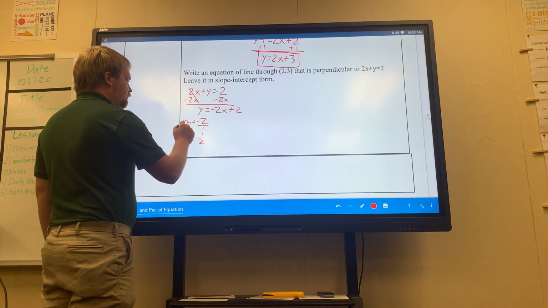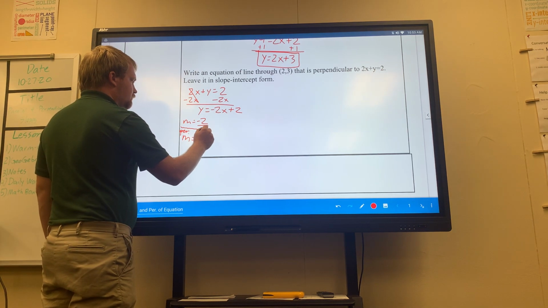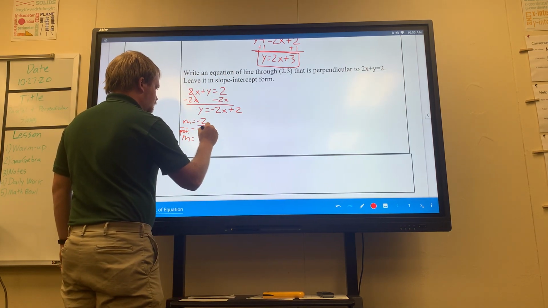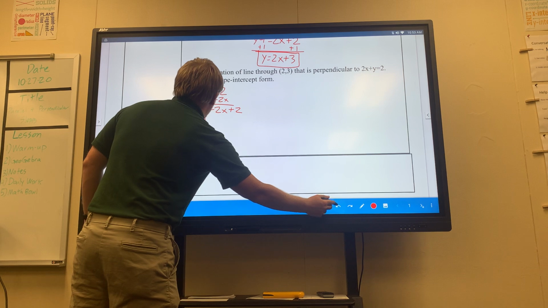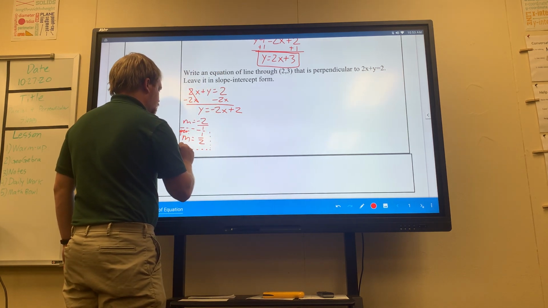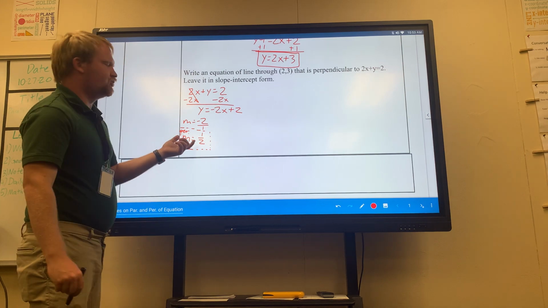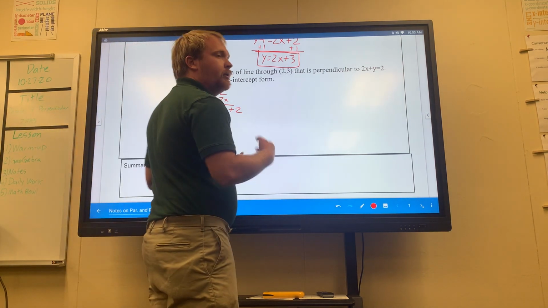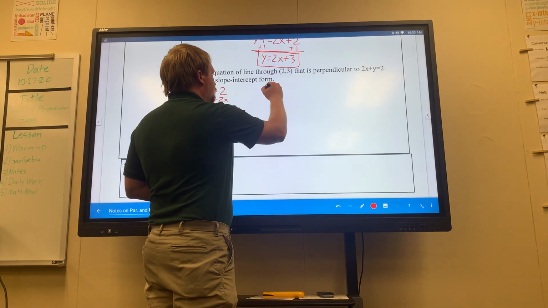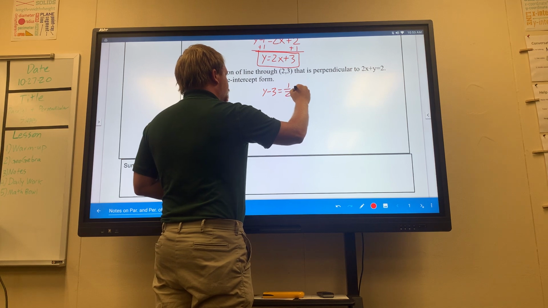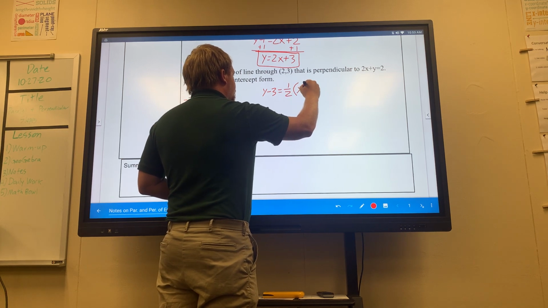So my perpendicular slope is going to be 1 over 2. Now, putting it in point-slope form: y minus 3 equals 1 over 2 times parentheses x minus 2.